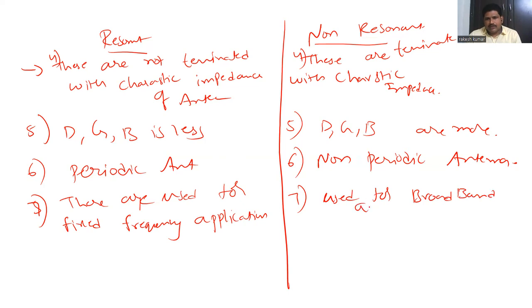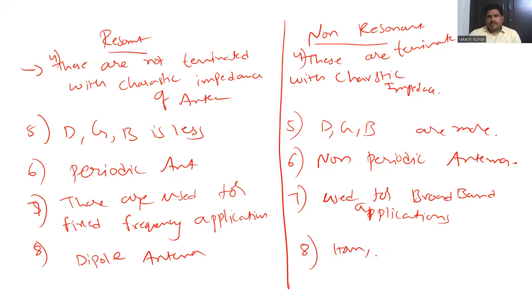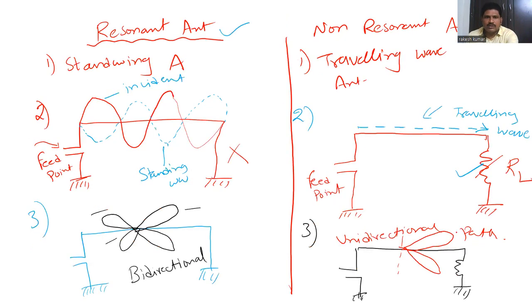And the eighth one, examples. An example of a resonant antenna is the simple general dipole antenna. Whereas for non-resonant antennas, the examples are all our practical antennas like horn antenna, parabolic antenna, and lens antenna. All these antennas come under non-resonant antennas. So these are the basic differences.